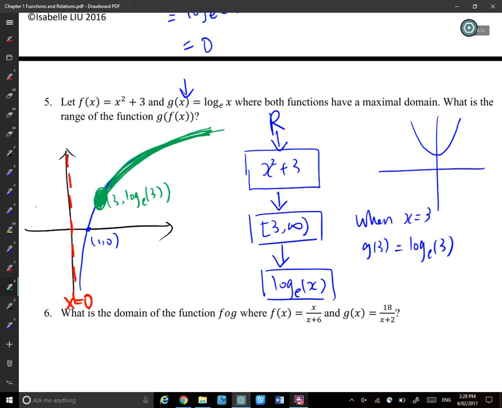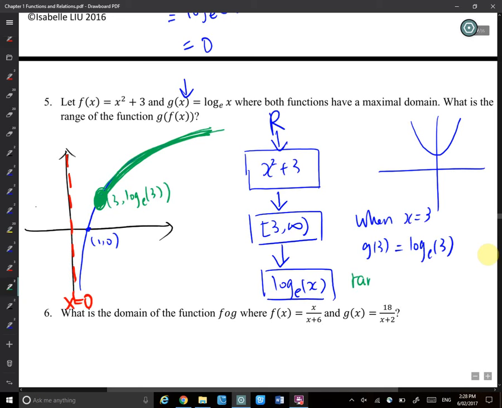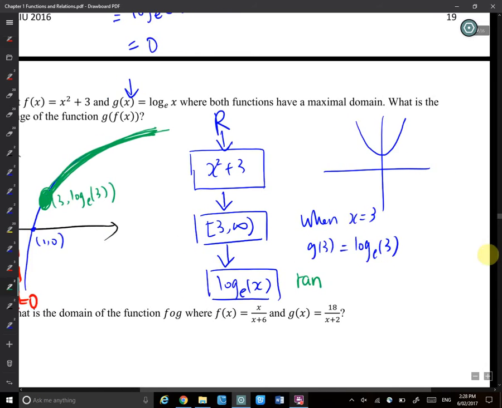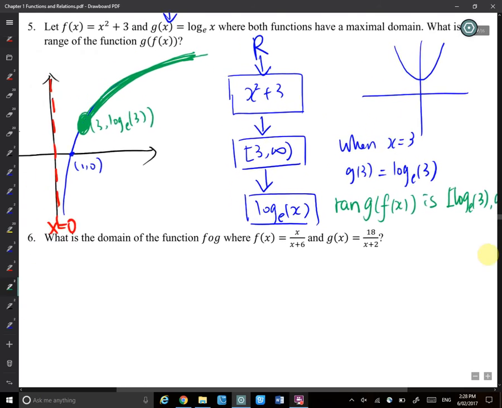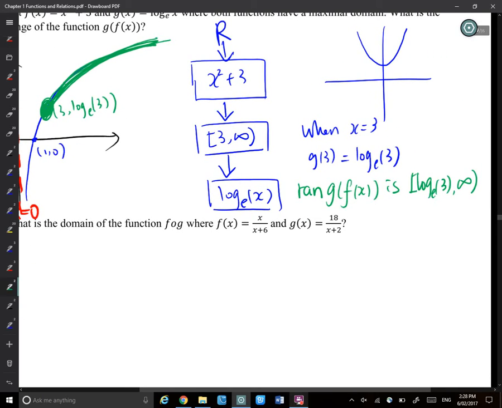So the range of g of f is log e3 to infinity.